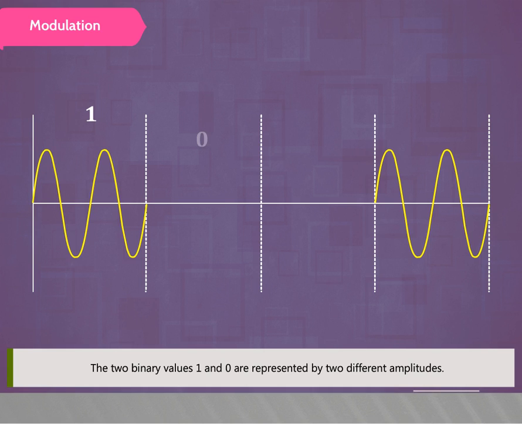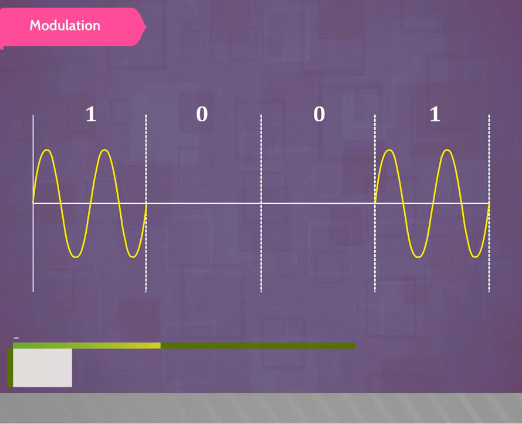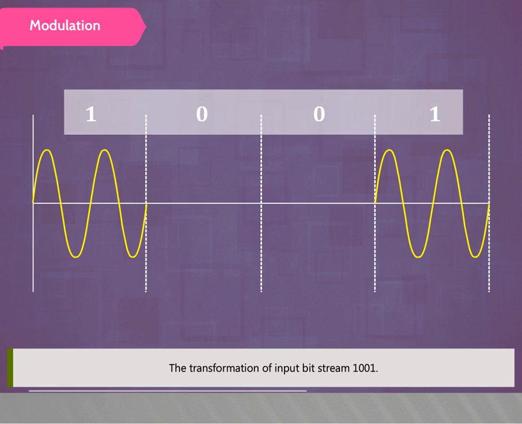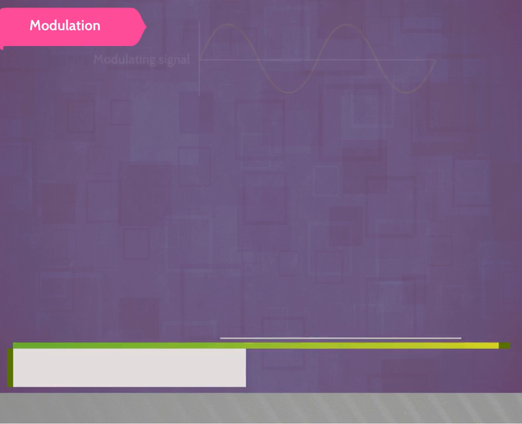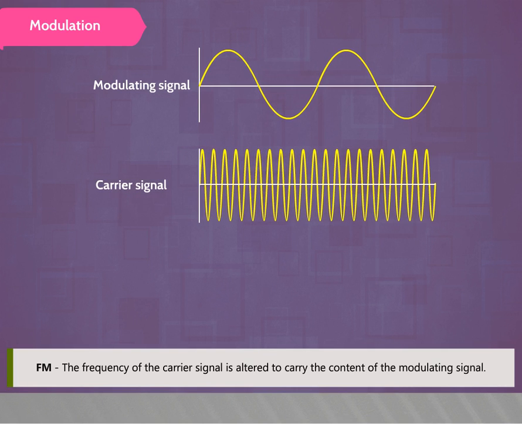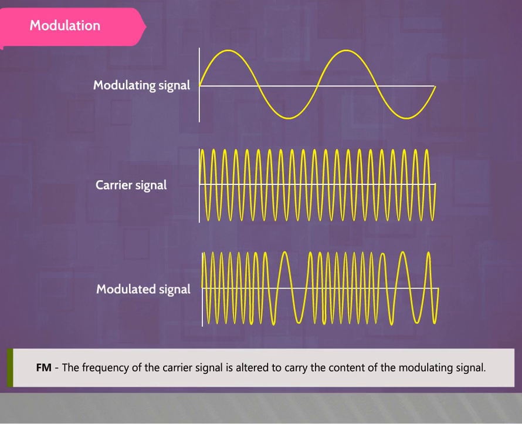The two binary values 1 and 0 are represented by two different amplitudes. The transformation of input bit stream 1001. FM. The frequency of the carrier signal is altered to carry the content of the modulating signal.